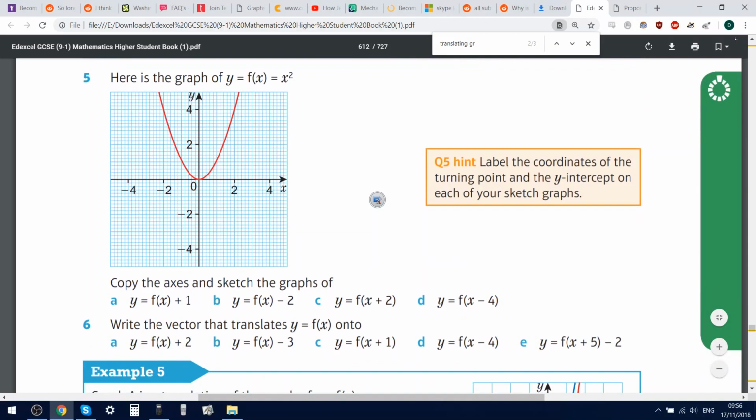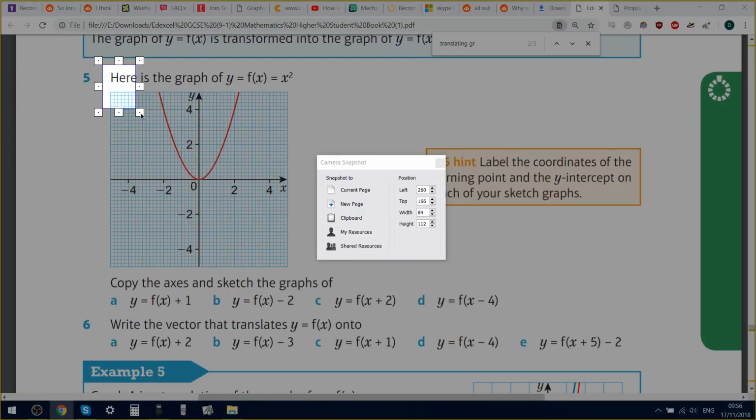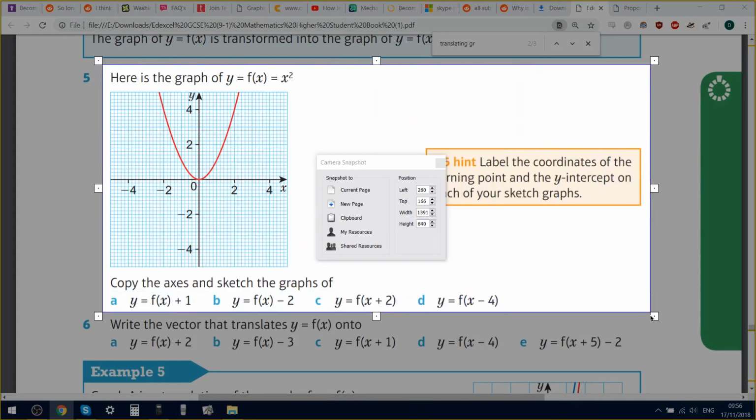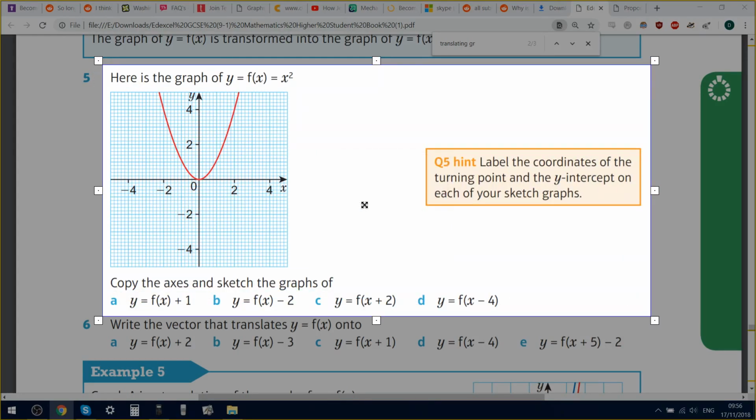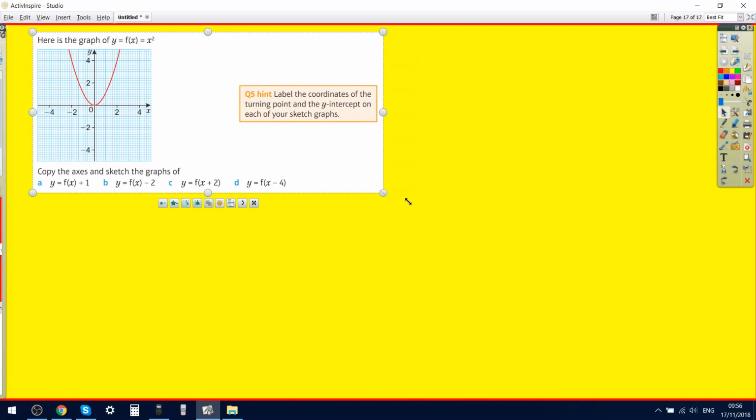Okay, so let's say just this graph here. So f of x is equal to x squared. For each of these, what's going to happen to the graph?